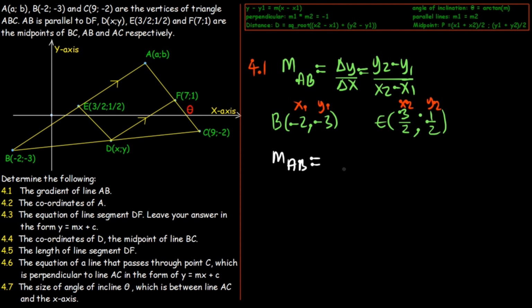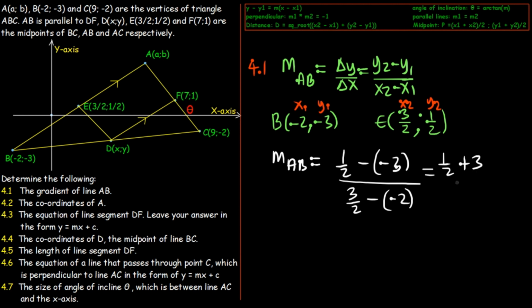It's going to be a half minus, in brackets, minus 3, over 3 over 2 minus, in brackets, minus 2. Now let's simplify. We get a half plus 3, and 3 is the same as 6 over 2, over 3 over 2 plus 2, and 2 is the same as 4 over 2.